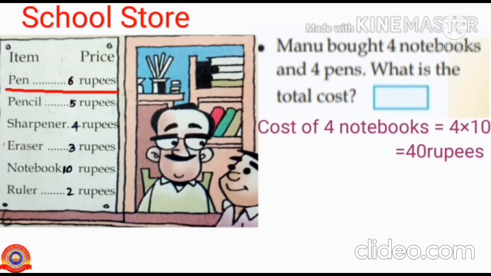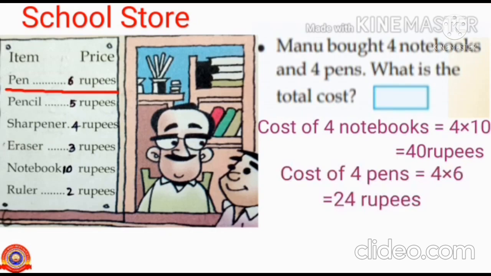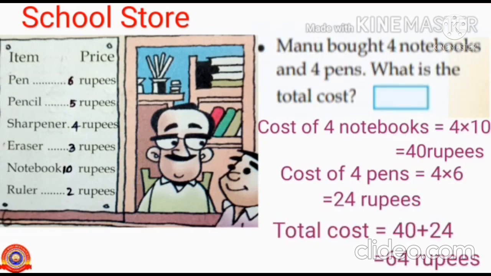Yes, 6 rupees. So, cost of 4 pens equals 4 into 6 equals 24 rupees. Then what is the total cost? Total cost equals 40 rupees plus 24 rupees, which is equal to 64 rupees. So cost of 4 notebooks and 4 pens is 64 rupees.